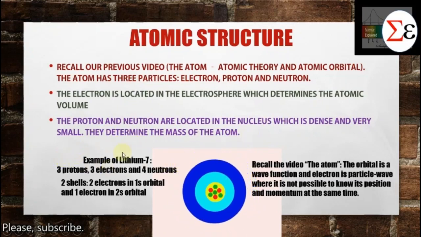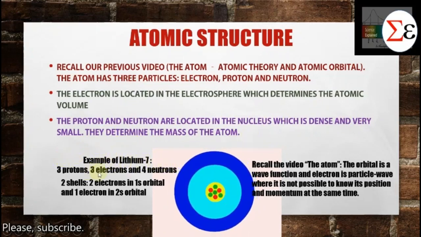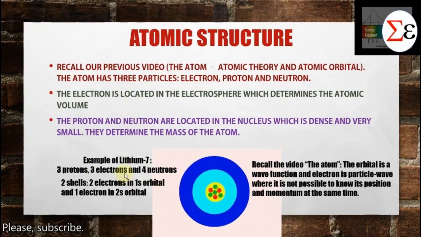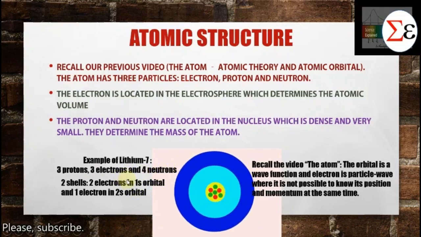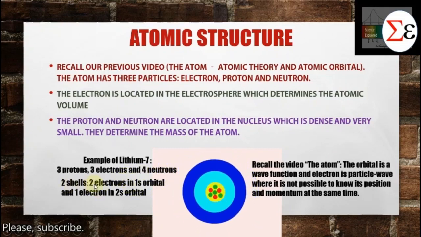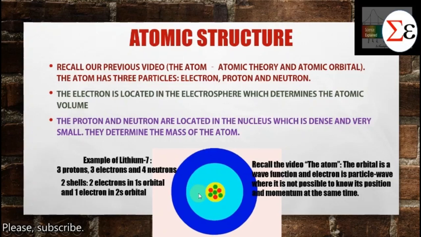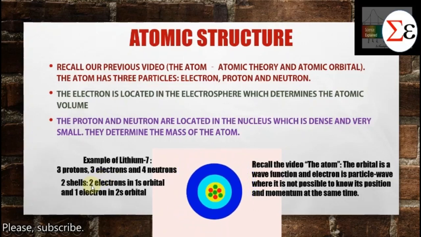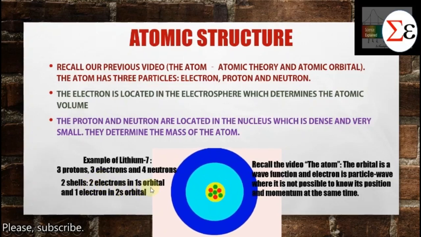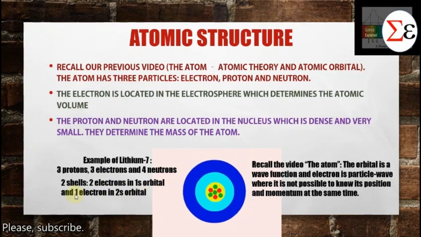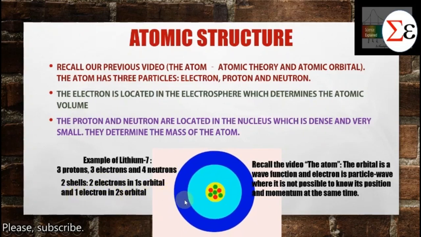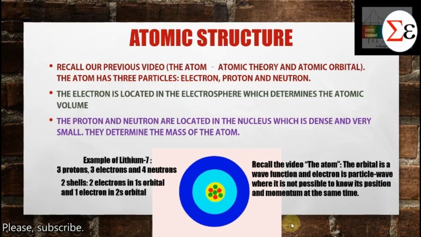In this animation, we have the lithium-7 with 3 protons, 3 electrons, and 4 neutrons. It has 2 shells, in light blue and blue, where it has 2 electrons in the 1s orbital and 1 electron in the 2s orbital.